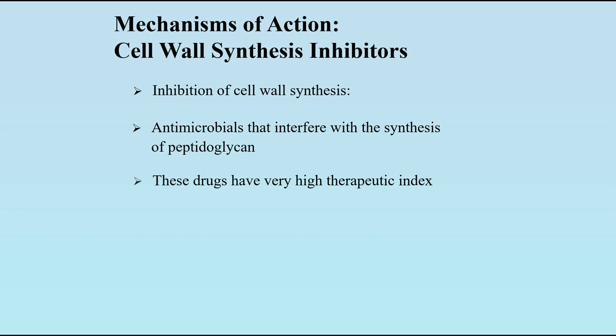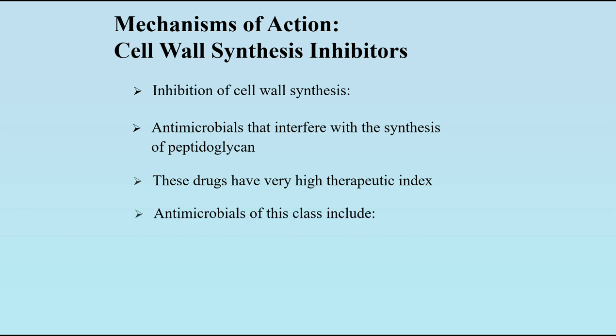So if a drug is given in high amounts, and the effective dose or the effect of the drug is less than the toxic effect of the drug, then it means that drug has a low therapeutic index.